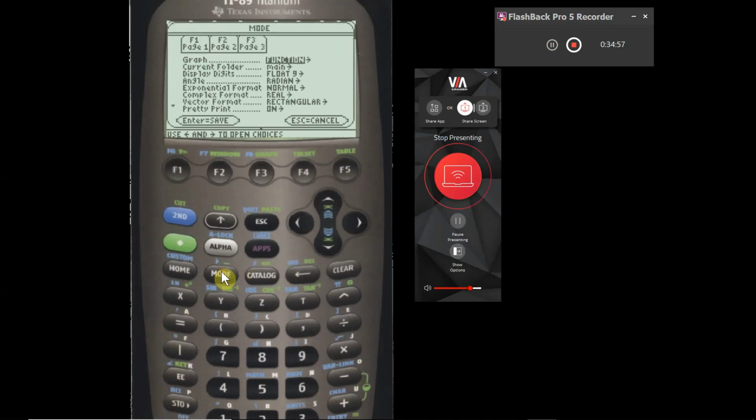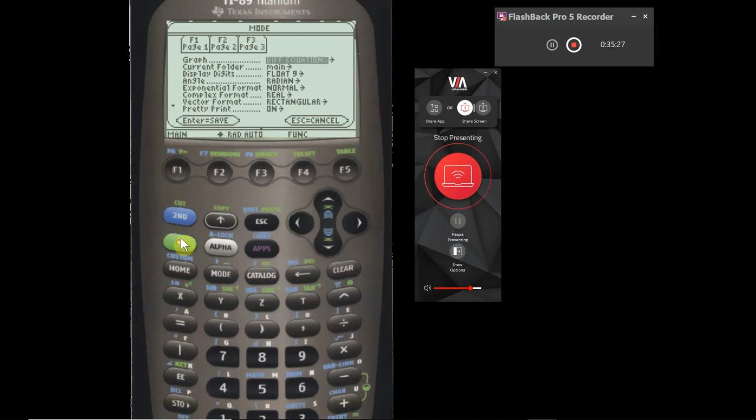You don't have to do this on the Inspire, but on the 89, go to mode, and where it says function, go to differential equations. If you don't have an 89 or Inspire, you can't do this. You get to look online to find an online differential equation grapher. So I'm going to choose differential equations. What did I just say about the 84? It doesn't do it.